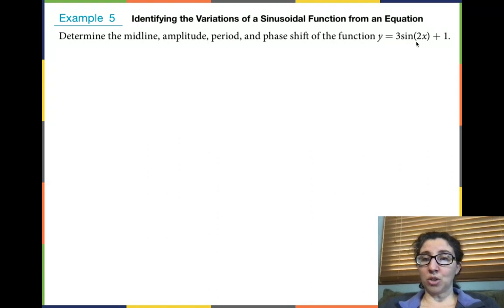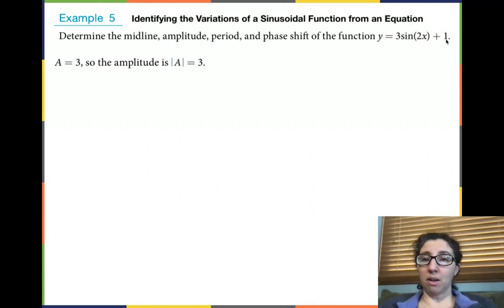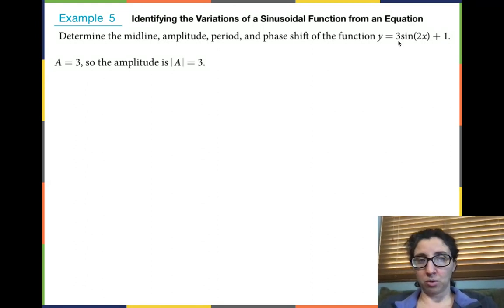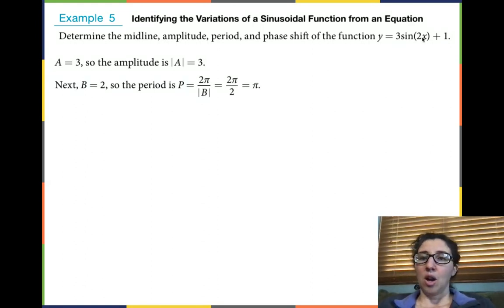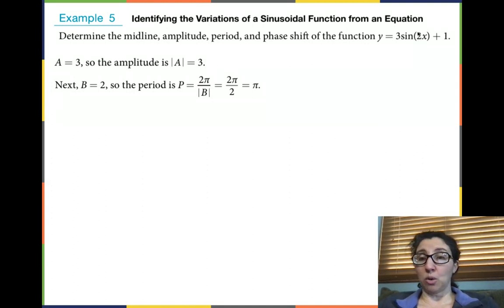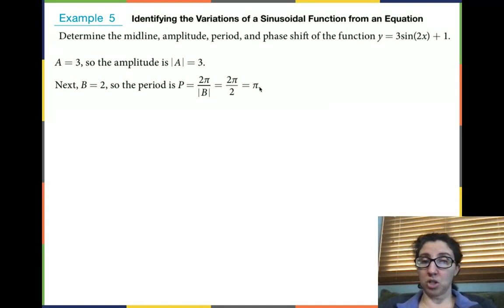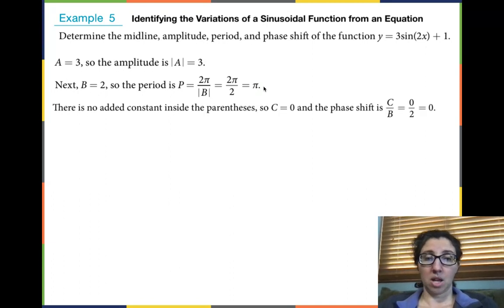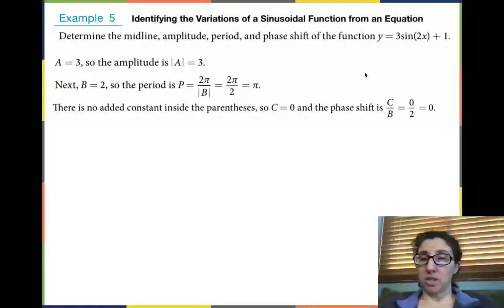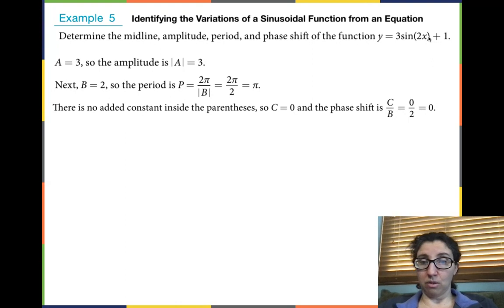y equals 3 sine of 2x plus 1. All right, first thing, amplitude, 3. Amplitude's always easy. Our B value, we don't have a C value, so our B value is 2. So our period is 2 pi divided by 2, which is just pi. The phase shift is nothing. There's no C value.